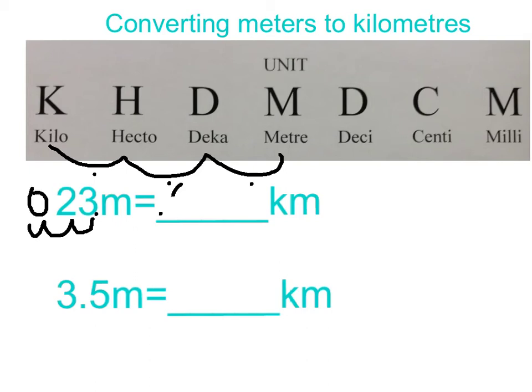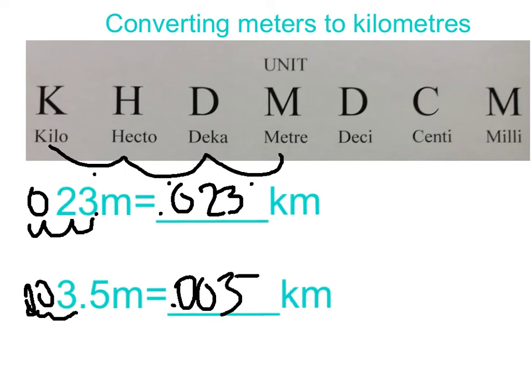So we have 23 thousandths. Now, 3.5 meters. We're going to take those 3 jumps and move the decimal 1, 2, 3. And add in 2 zeros. So we'll have 0.0035, 35 ten-thousandths.